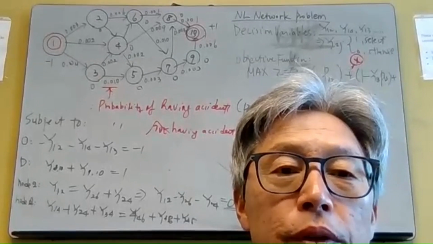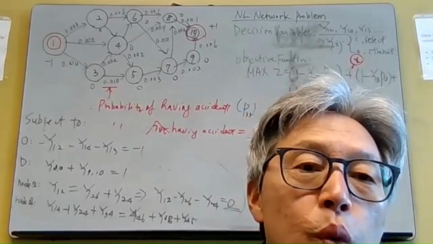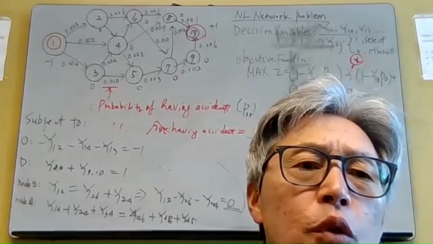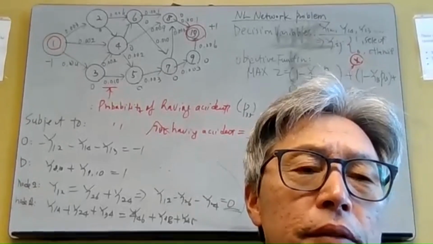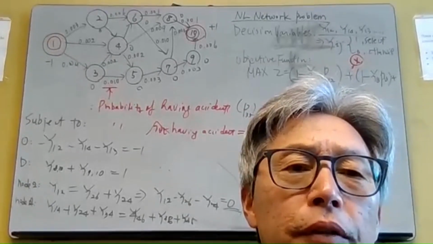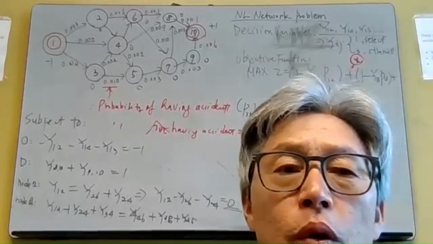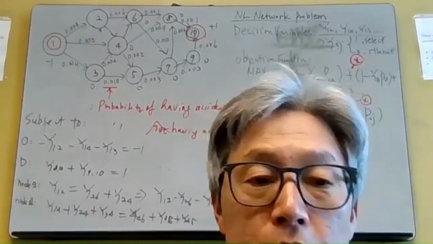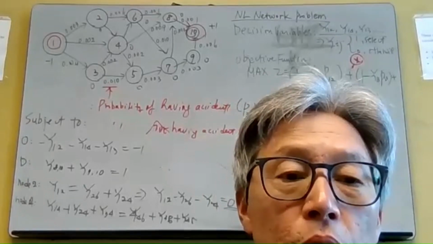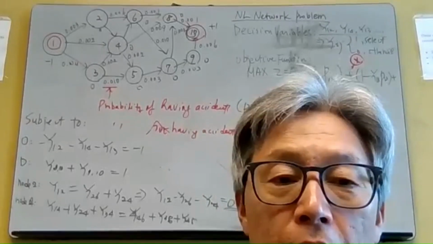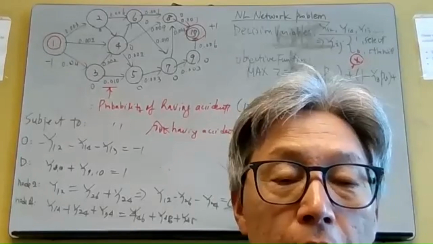So the probability of not having an accident will be 1 minus this decision variable times the probability of accident. Like you see, 1 minus H6 times F6. So the overall probability of not having an accident will be like this.